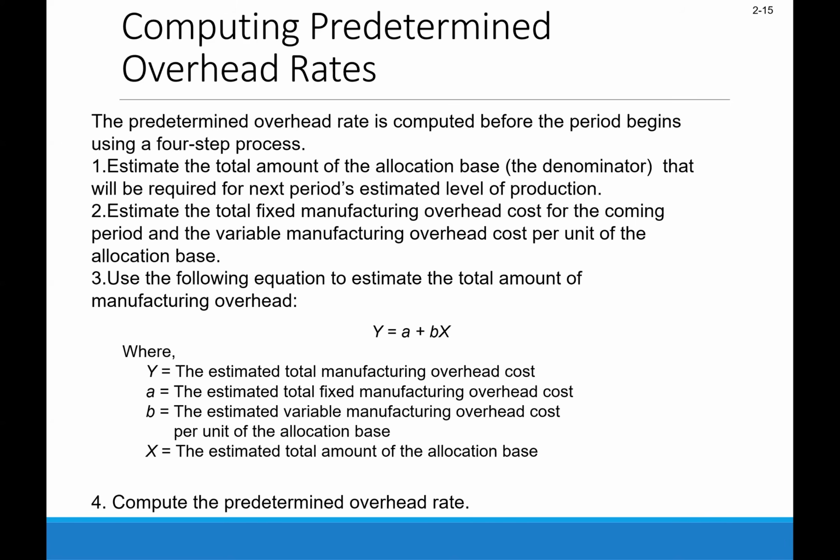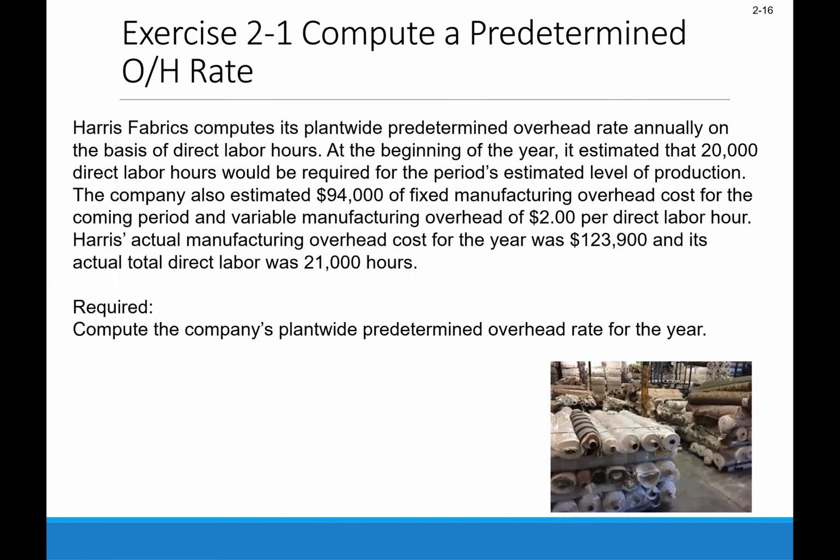We use the equation Y, being the total estimated manufacturing overhead cost, is going to equal the total fixed estimated plus the estimated variable times the allocation base in order for us to come up with this predetermined overhead rate we can use to apply to the various jobs.